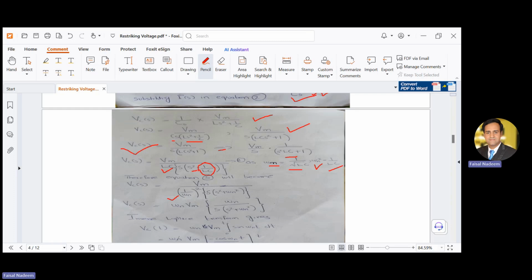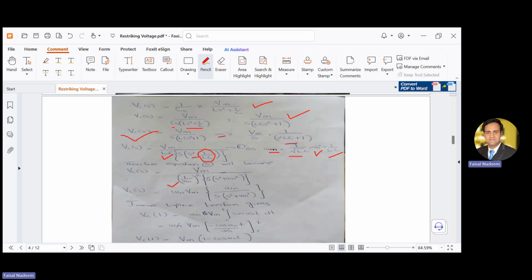So now this omega n can go to the numerator side. When it moves upwards it becomes omega n Vm, and inside the brackets we have omega n, S times S square plus omega n.